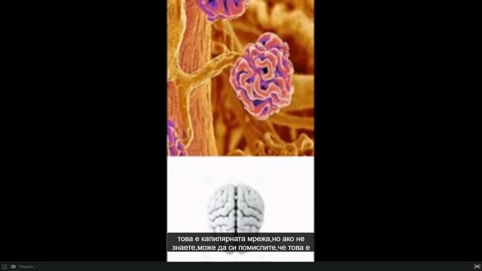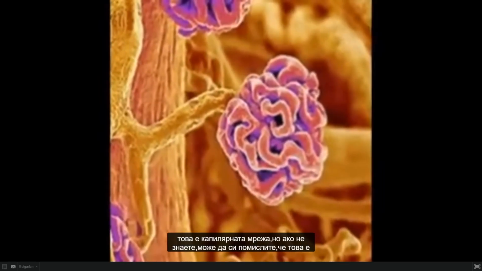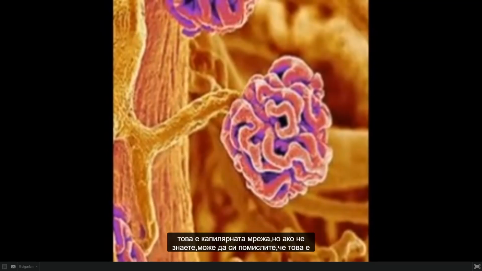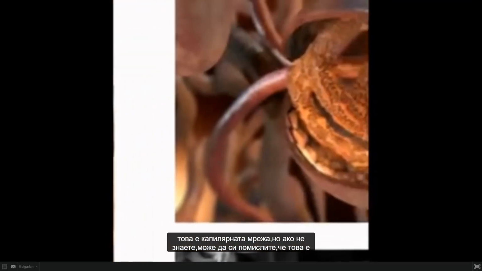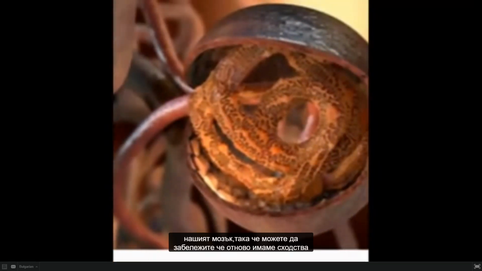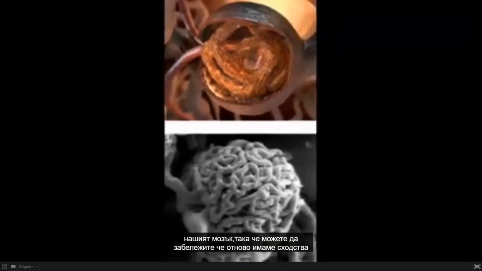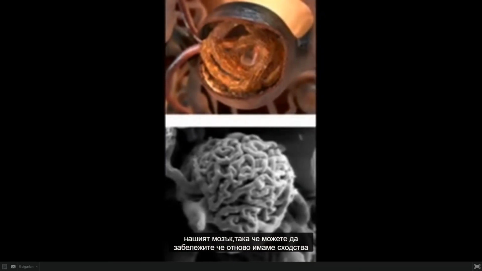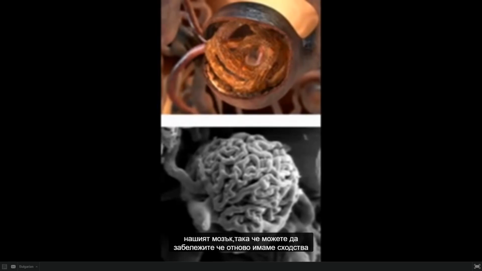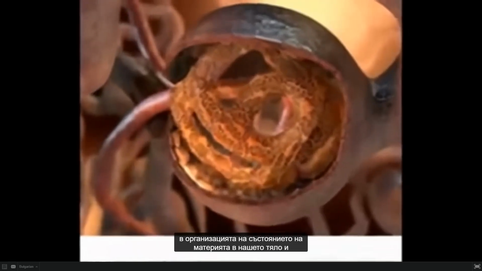This is the capillary net. But if you don't know, you may think this is our brain. So we are able to notice that we have again similarity in the organization of matter state in our body.